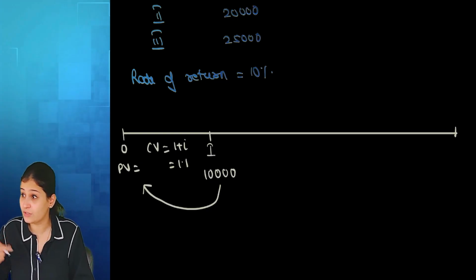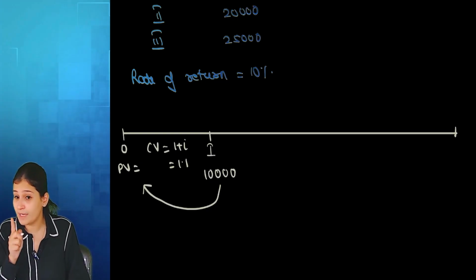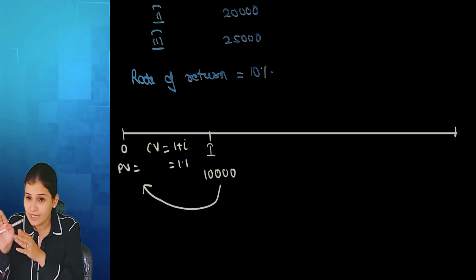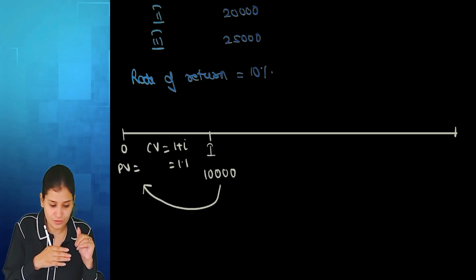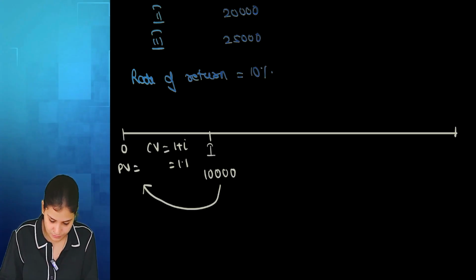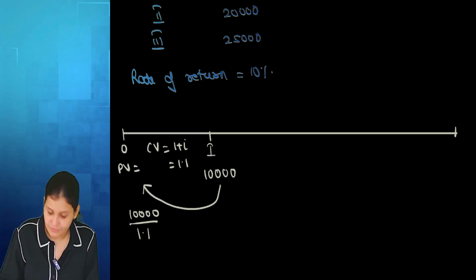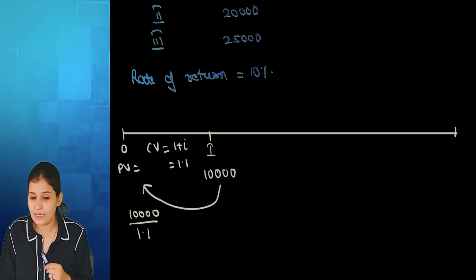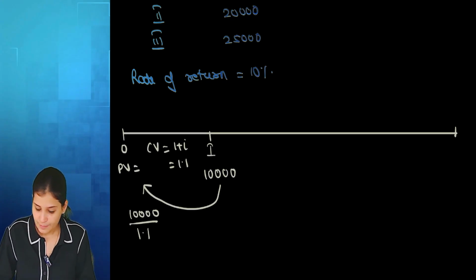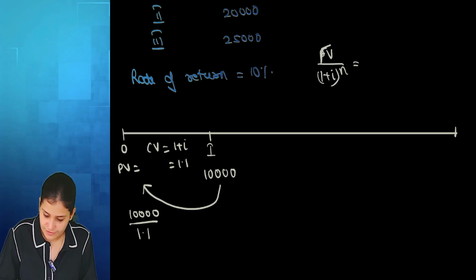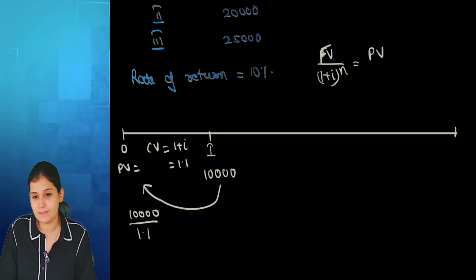I'm not getting 10,000 again and again; 10,000 is one payment in year 1. So 10,000 is my future value and I want to come back to present value. It will be 10,000 divided by 1.1, only once. Future value divided by the compounding value gives us the present value.